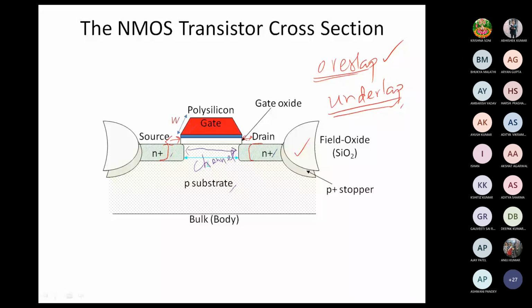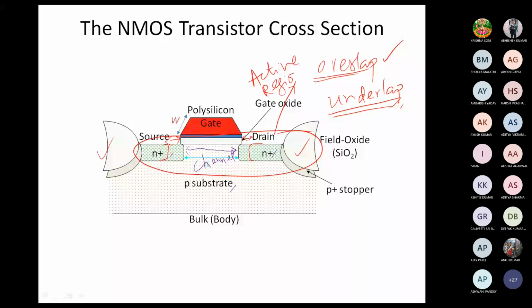One can also see these thick regions. These are the field oxides. Field oxide just isolates the active region, the region which is closer to the surface. This is the active region through which the current flows.